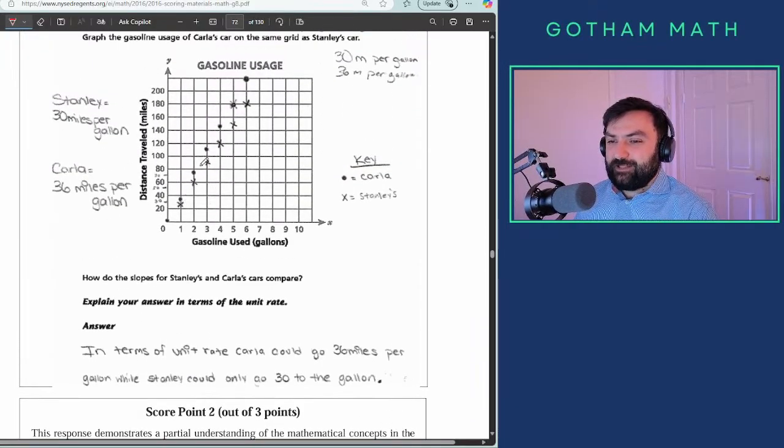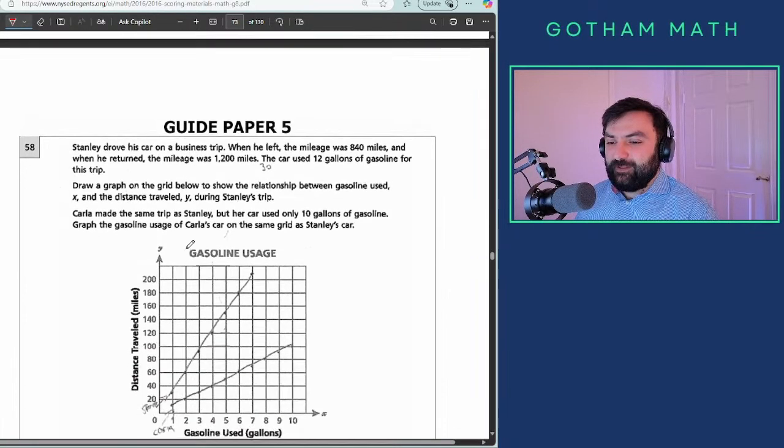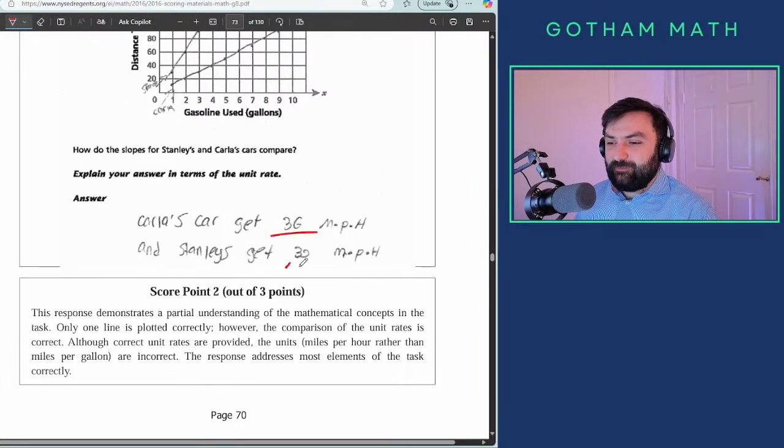Okay, no connecting lines. Just the wrong graph. Correct? The only thing out of three has to be not miles per hour. It has to be mpg, miles per gallon.